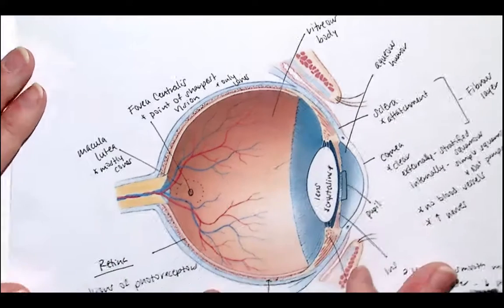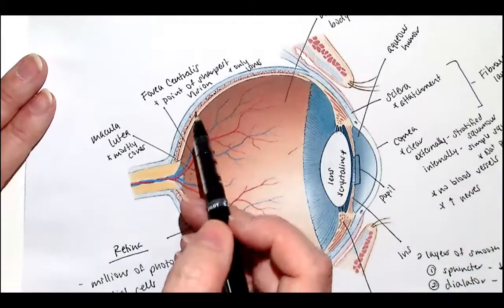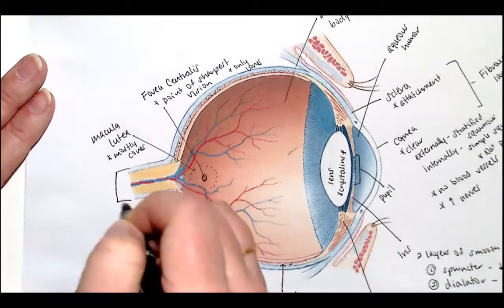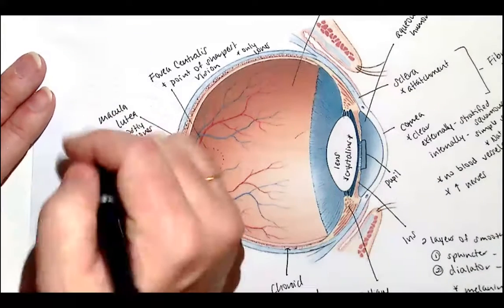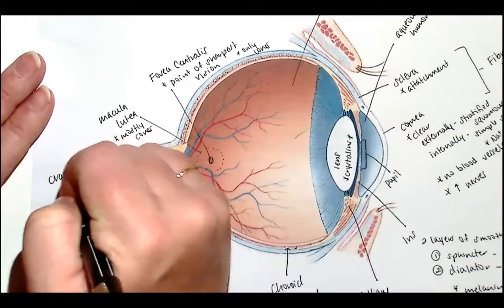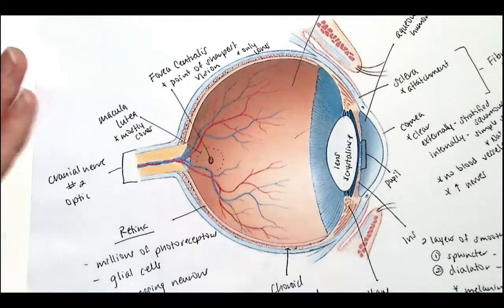All right. Now, all of these photoreceptors in the retina are eventually going to converge onto this cranial nerve right here. It's the optic nerve, and it's anchoring the eye in the back of the skull.